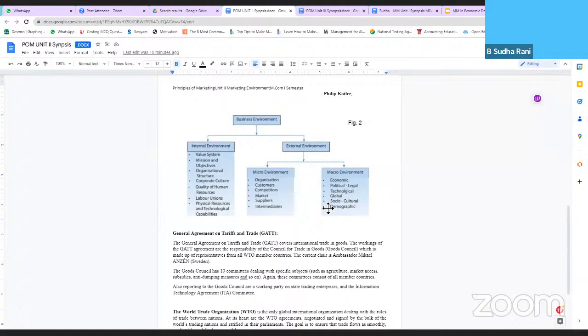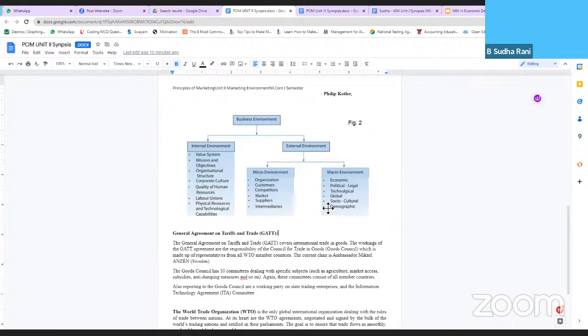Intermediaries, that is middlemen who are involved in your business. Middlemen, like retailers, wholesalers, distributors. These are the different middlemen involved who are external, means they are outsiders, but they are in your control.